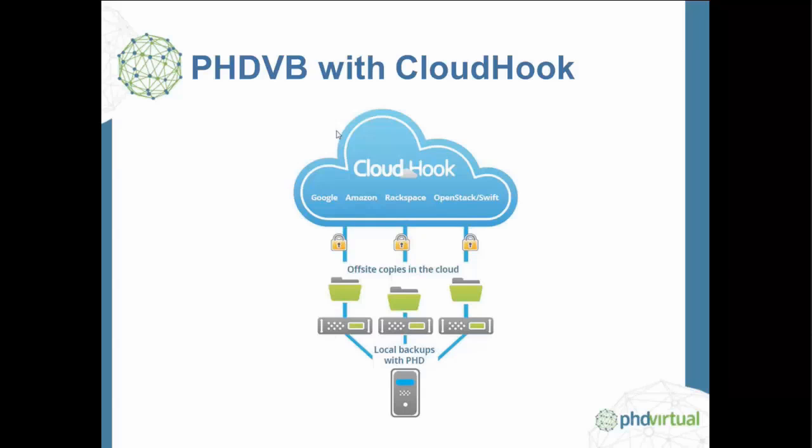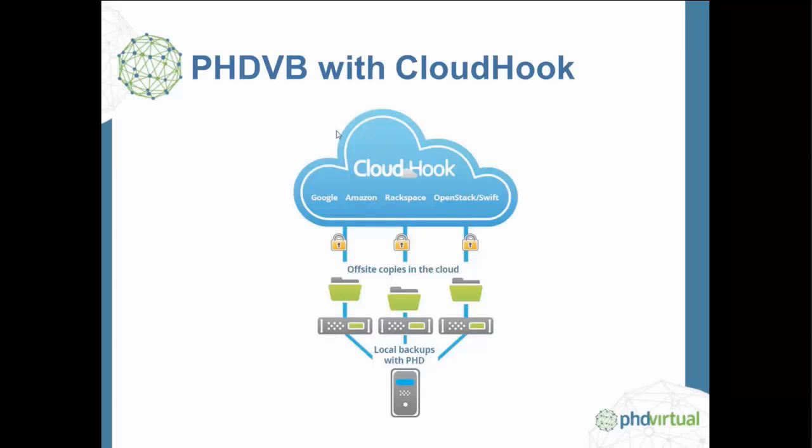CloudHook extends our capabilities to back up to cloud providers directly with our software. You'll see on this slide the list: Google Cloud Storage, Amazon S3, Rackspace Cloud Files, and any provider using OpenStack Swift. We can send our data from the local data center directly to these providers in the deduplicated and compressed format of our backups.